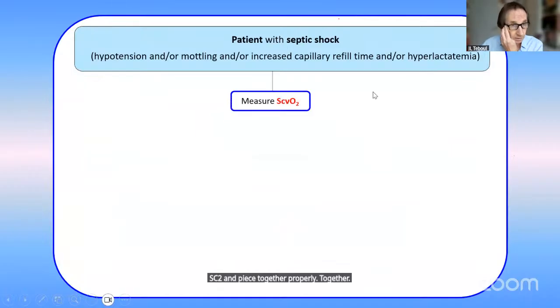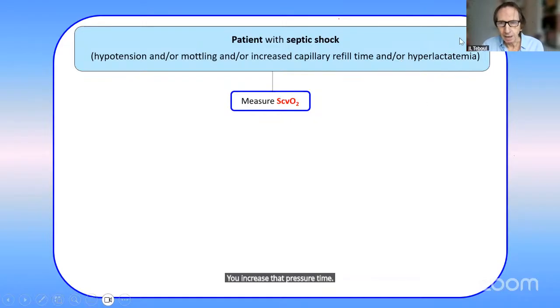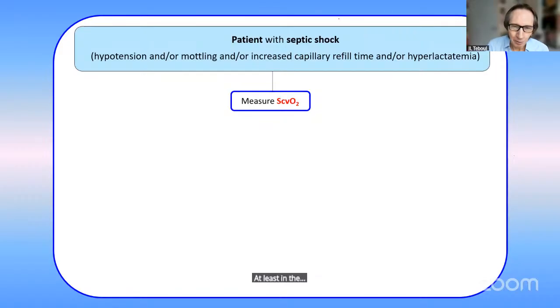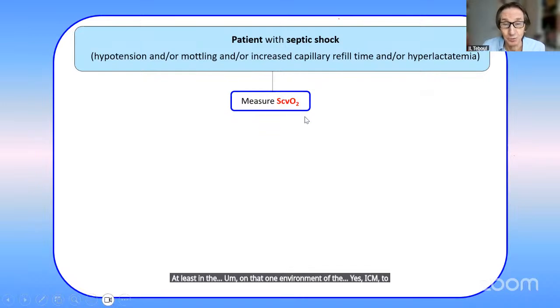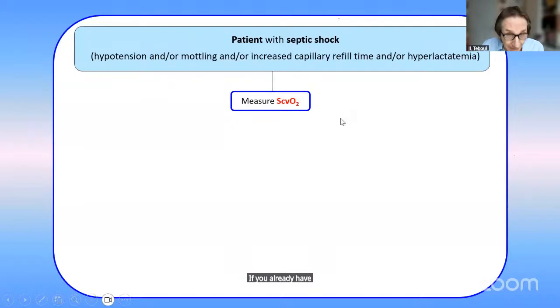I start from a patient with septic shock, defined by whatever you want: hypotension, mottling, increased capillary refill time, or hyperlactatemia. And I recommend, and I'm not the only one to recommend, at least in the environment of the ESICM, to measure ScvO2 if you already have a central venous line in place, which is many times the case in patients with septic shock.